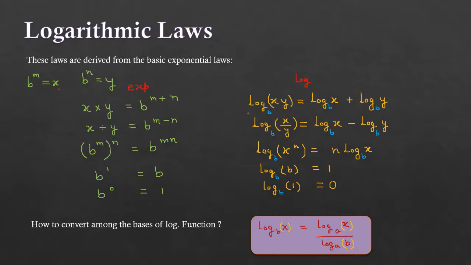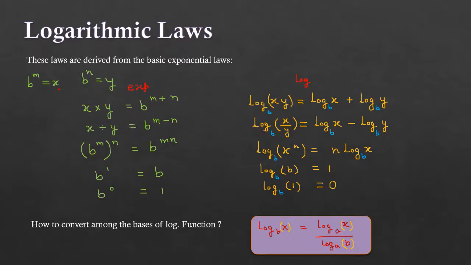Now when we look into the logarithmic functions, which are the counterpart of the exponential functions, we obtain log with base b, the base we have used here, of xy, the x and y product, as the summation of log x plus log y.